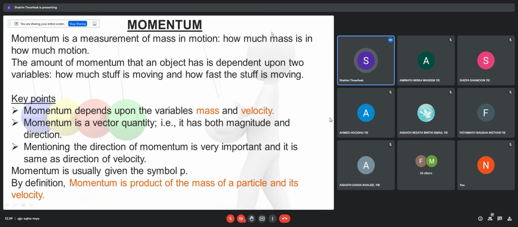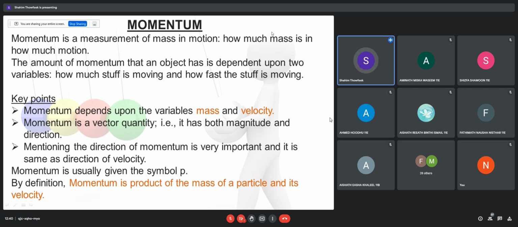Mentioning the direction of momentum is very important because it's a vector quantity. And now they are saying about the direction. It is the same as the direction of velocity. You know that mass is a scalar quantity, but velocity is a vector quantity which has both magnitude and direction.